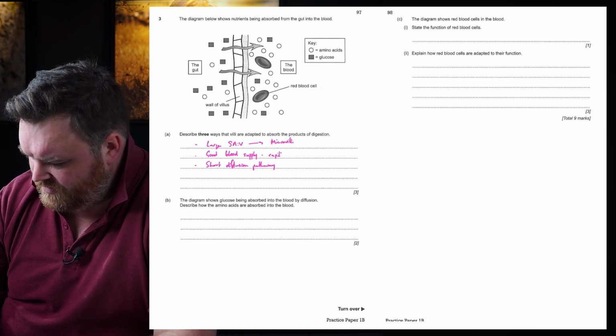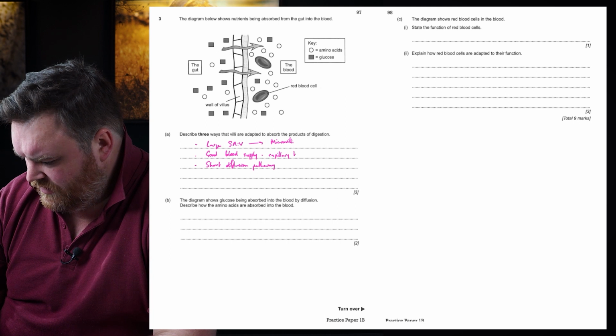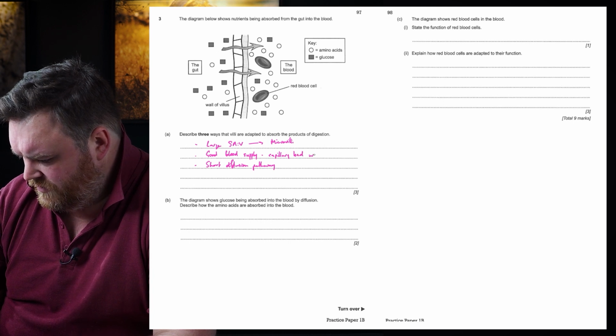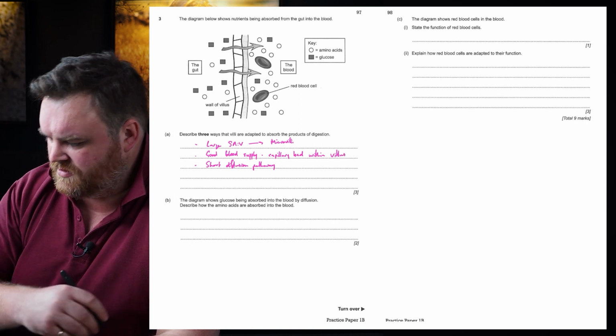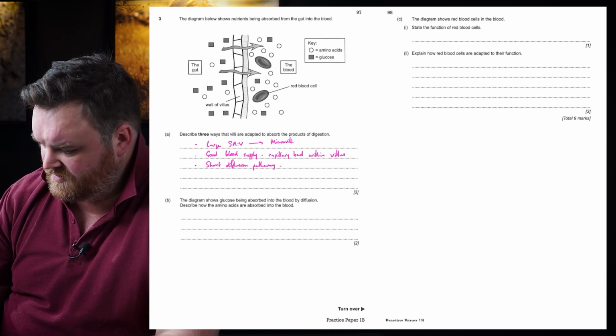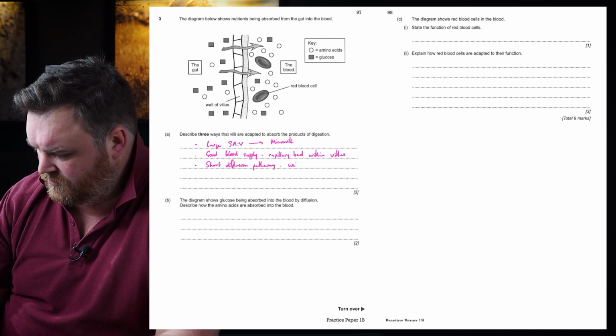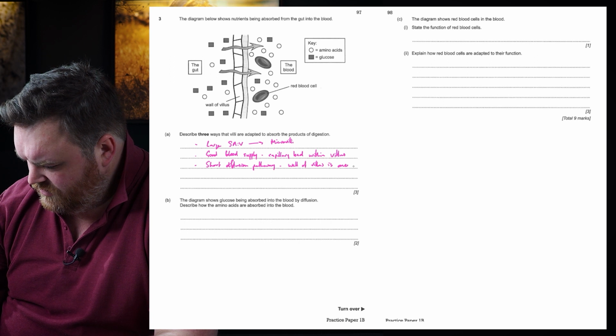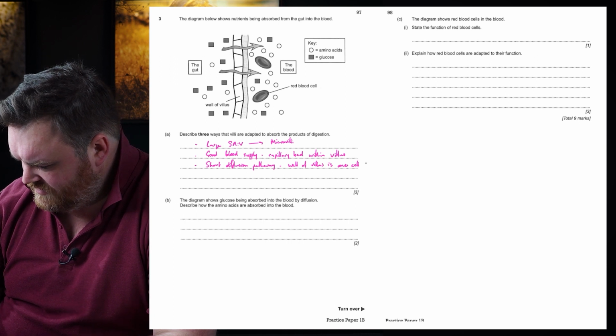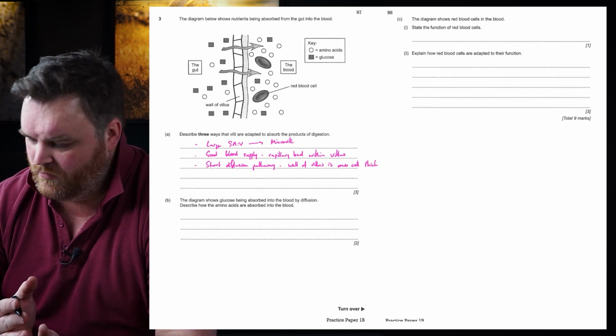So we've got a capillary bed within the villus. The short diffusion pathway, so this is the wall of the villus is 1 cell thick. I'm pretty convinced here we've already got full marks.